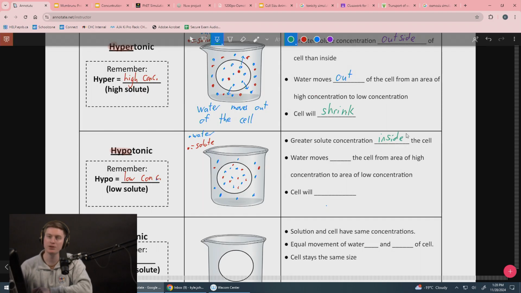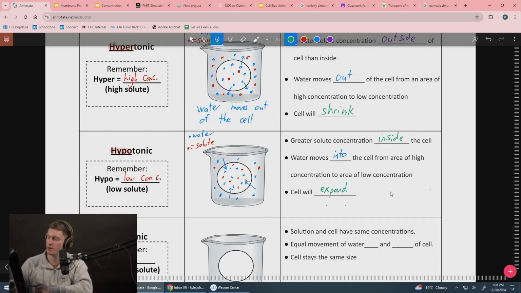If we have a greater solute concentration inside the cell, that means we have a lower water concentration inside the cell. So the water moves into the cell because water is more concentrated outside the cell. If water moves into the cell, then the cell will expand.